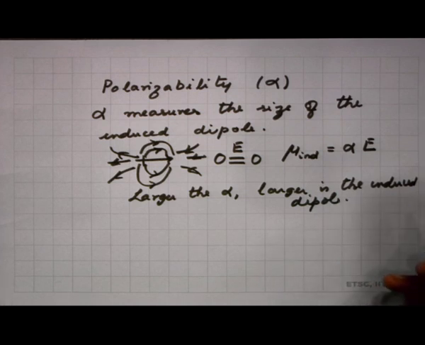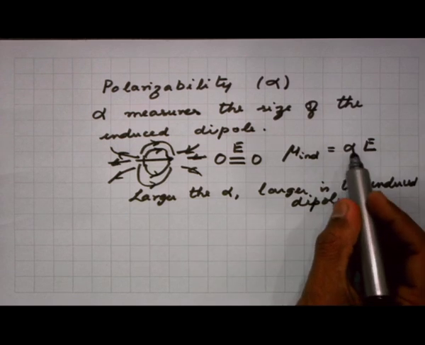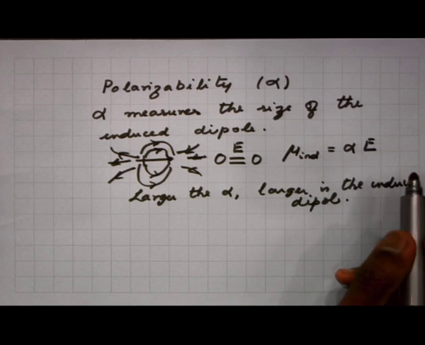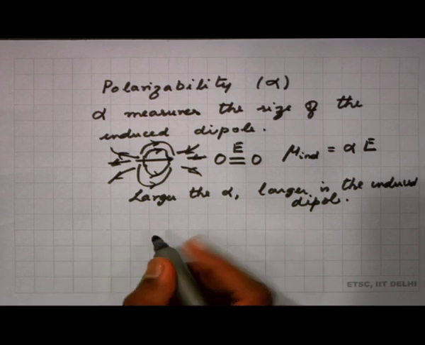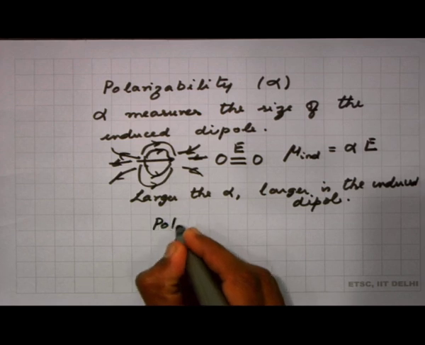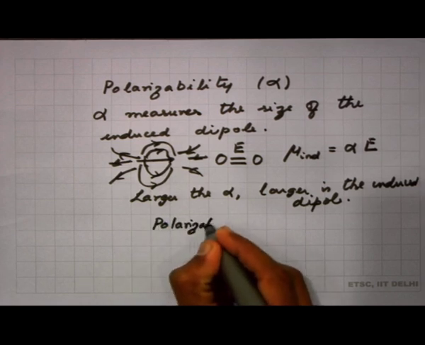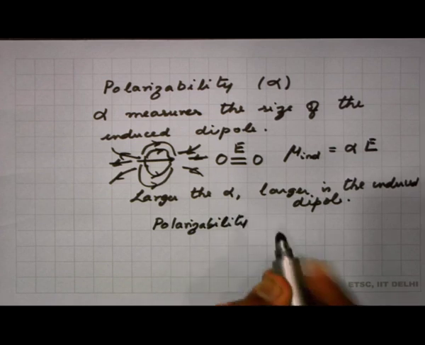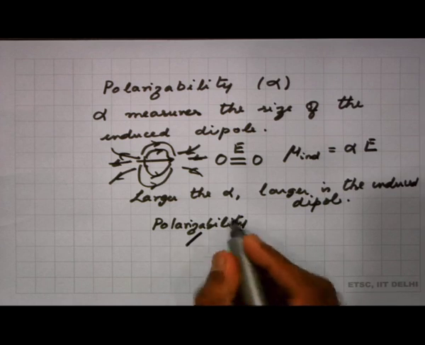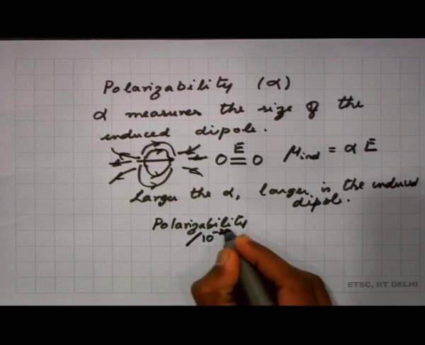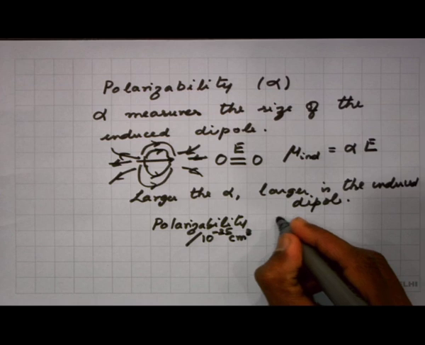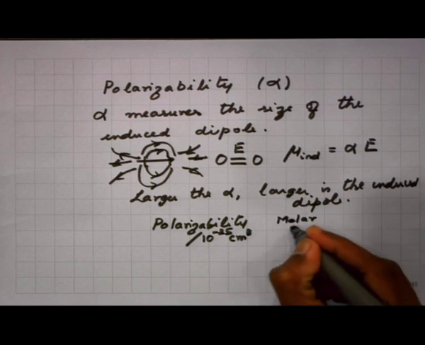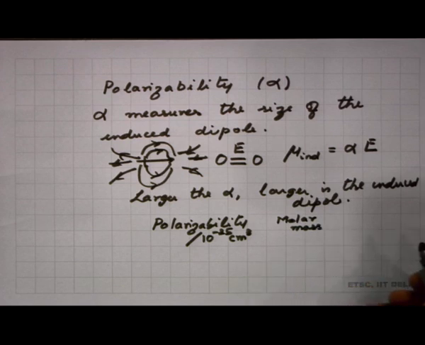Let us try and get a sense of the kind of sizes that the value of alpha has for some compounds. So, here I have listed the polarizability, whose units in CGS is centimeter cube. So, it has the unit of volume, and I have the molar mass and the boiling point.